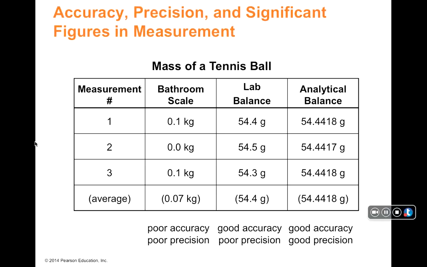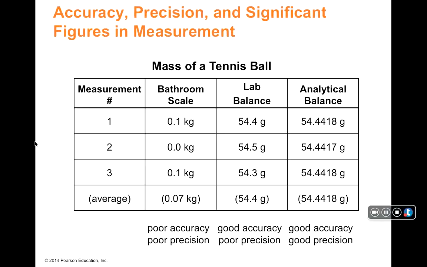There are 3 significant figures the lab balance can record to, and the analytical balance can record to 6 significant figures. So the number of figures tells you a bit about that measurement and about the instrument that you're measuring with. So if you look at the bathroom scale, you can see that there's poor accuracy and poor precision.